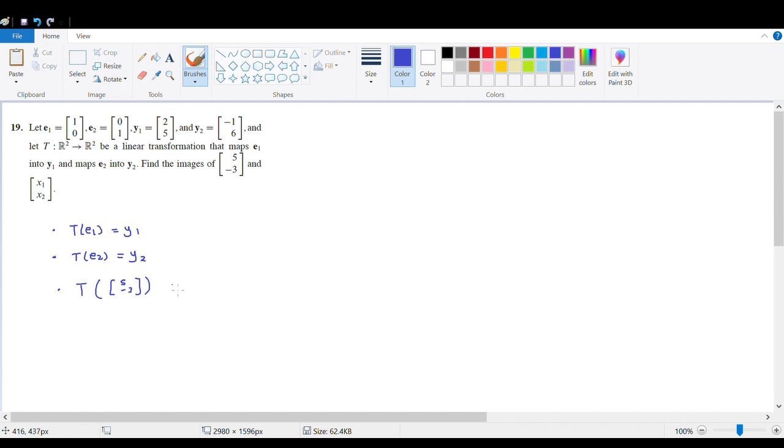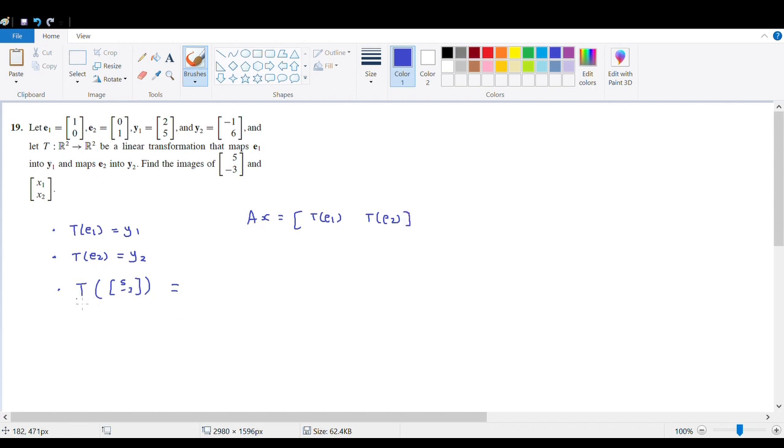So we know that the transformation A x will be equal [T e1 T e2].